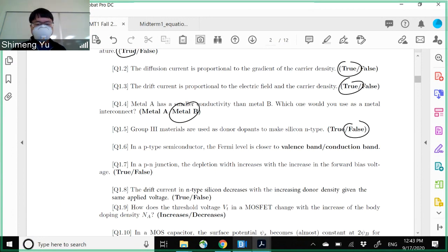If you recall the band diagram, we have Fermi level, and we said that Fermi level closer to the EV, the valence band, the semiconductor is P-type. So this is valence band.